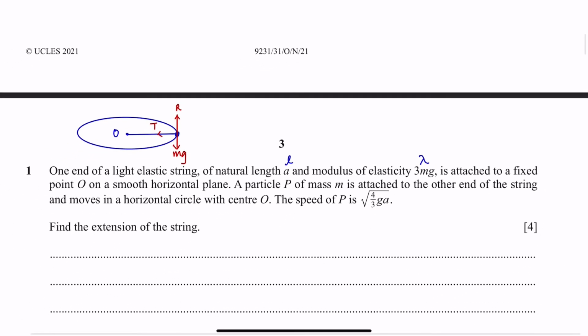But in this question, we are not going to look at these two forces. We'll be focusing on the tension itself.